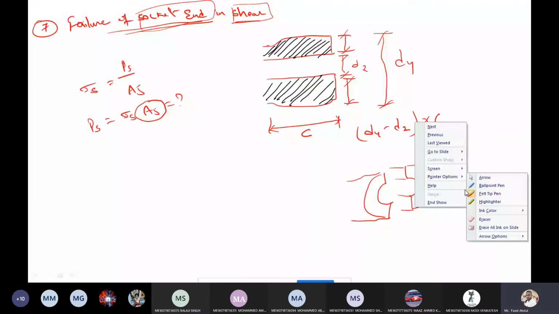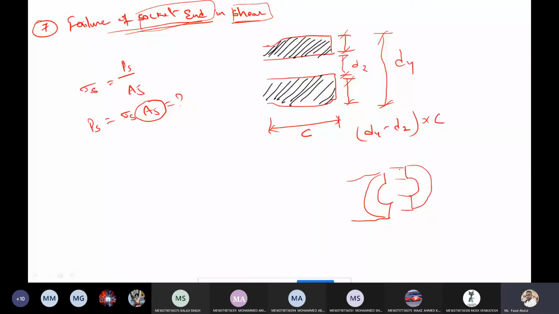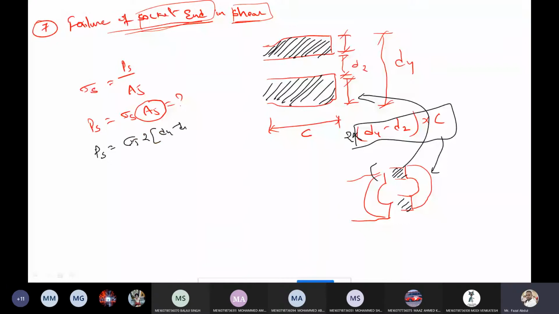So we calculated the area for one side. The same failure will happen on this side also, so it is happening on two sides. For that reason we multiply this area by 2. So now the equation will come: P_s equals shear stress into 2 into (D4 minus D2) into C.